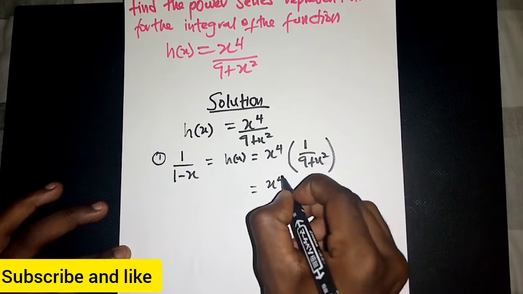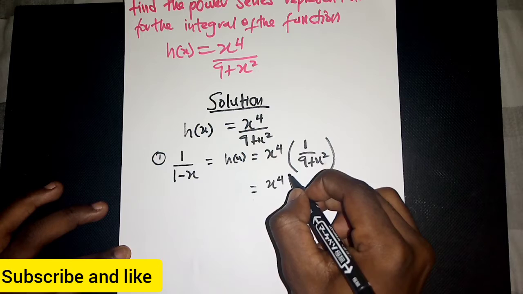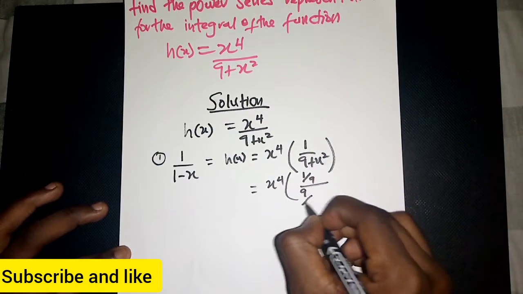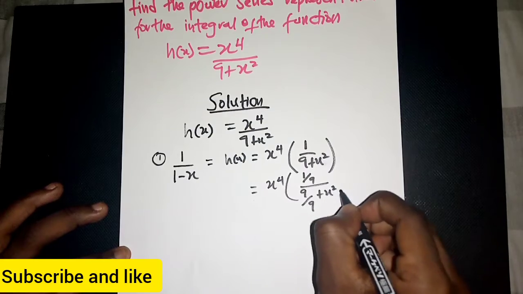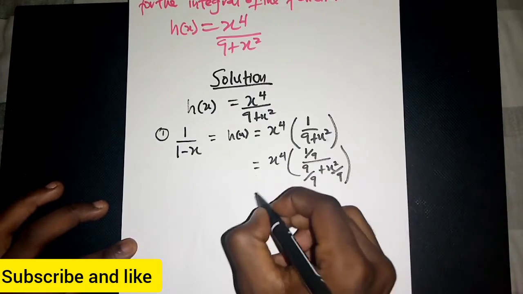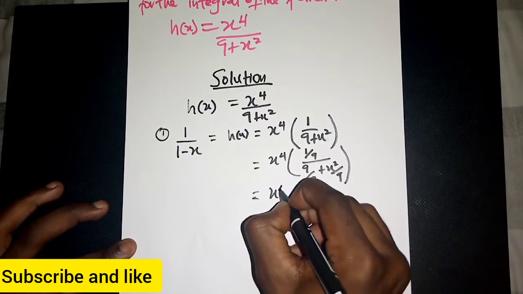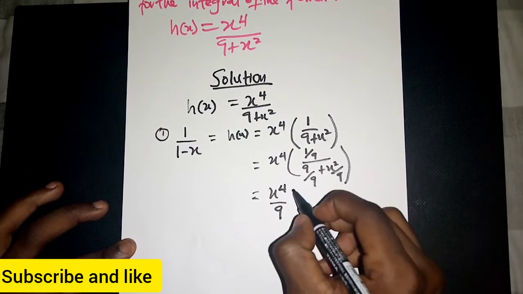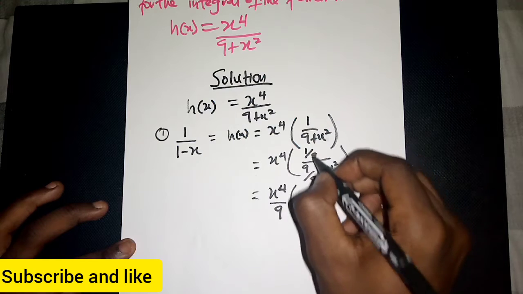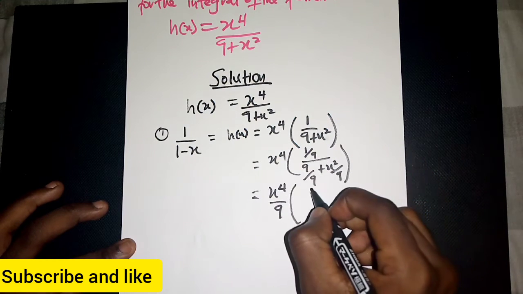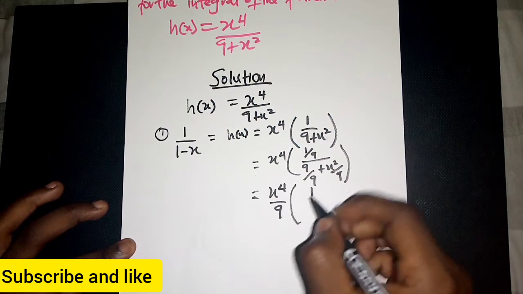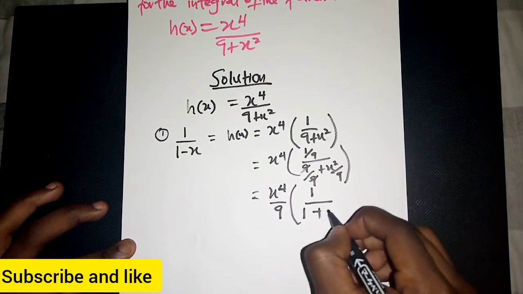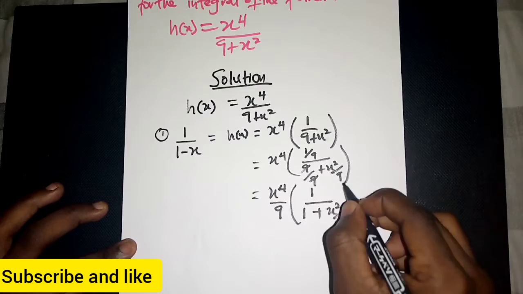So we have s to the power 4 over 9, then 9 over 9 plus s squared over 9, so 9 will cancel 9, then we have 1 plus s squared over 9.